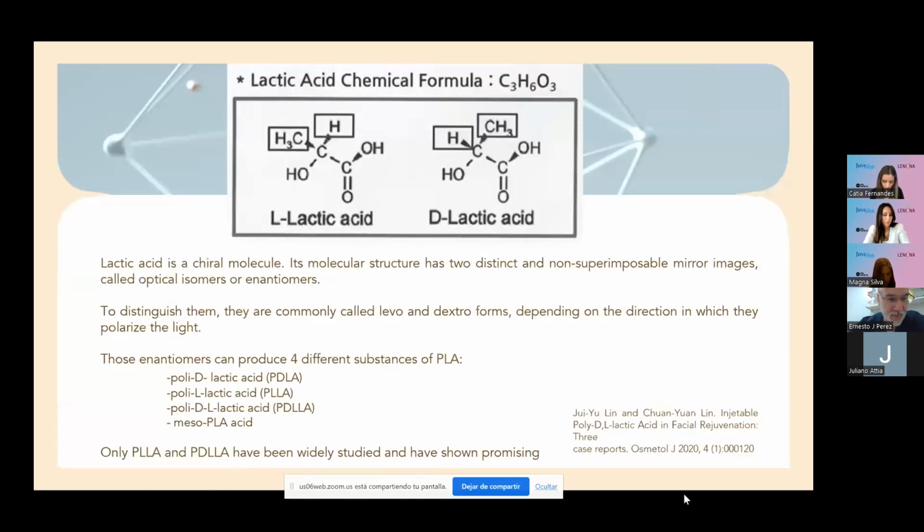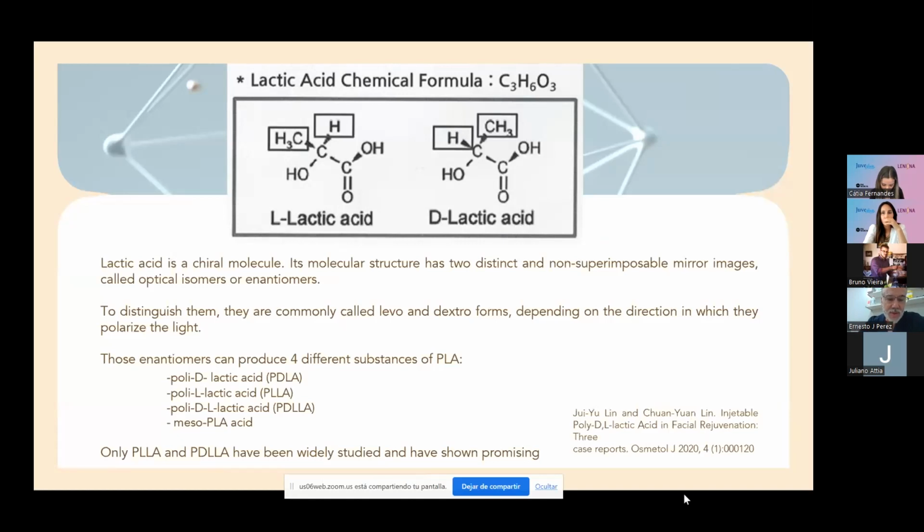Let's go to the point. Lactic acid is a chiral molecule. Its molecular structure has two distinct and non-superimposable mirror images called optical isomers or enantiomers. To distinguish them, they are commonly called levo and dextro forms, depending on the direction in which they polarize the light.